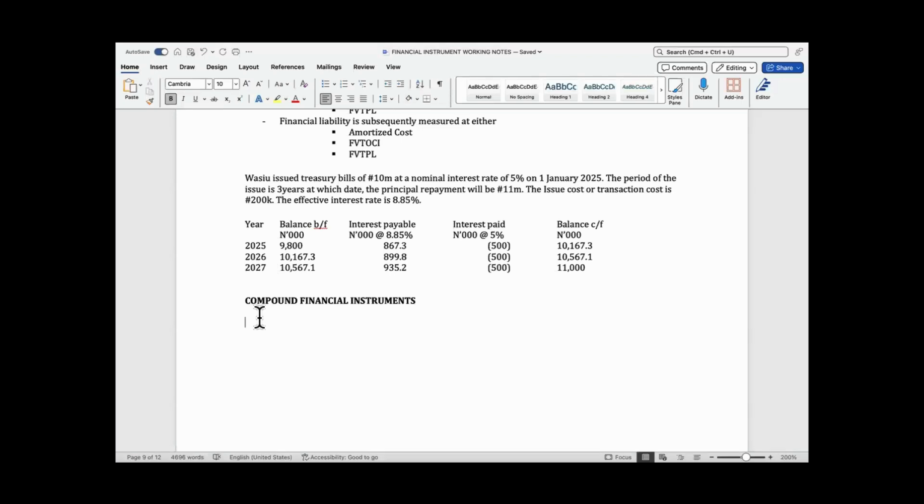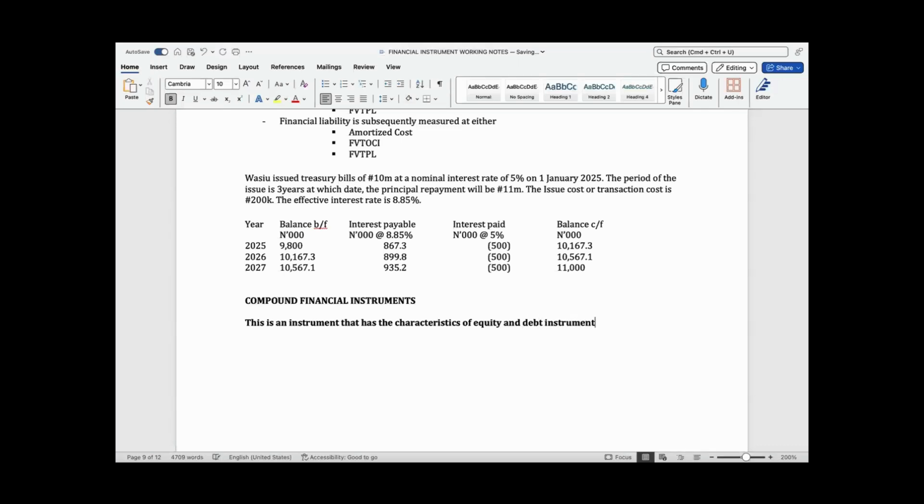So, a compound financial instrument, you see, this is an instrument that has the characteristics of equity and debt instruments.